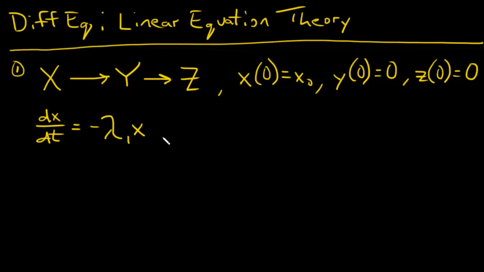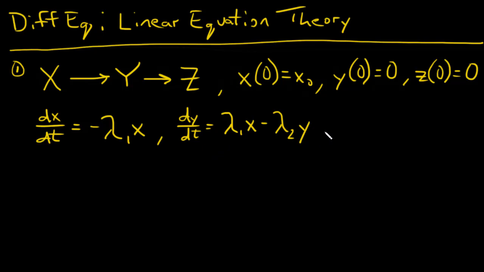And then dy/dt is going to equal positive lambda 1 x, because it's receiving the material from x, and then it's going to be giving material to z at a rate of lambda 2 times y.